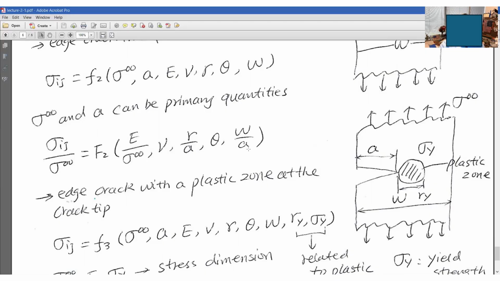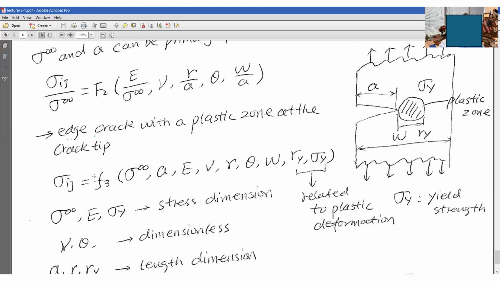So let's establish the relationship between sigma ij and other necessary variables. Sigma ij, I write this function as lowercase f3. So definitely it is dependent upon sigma infinity, crack length, Young's modulus, Poisson's ratio, the distance between the point of interest and the crack tip, and theta.